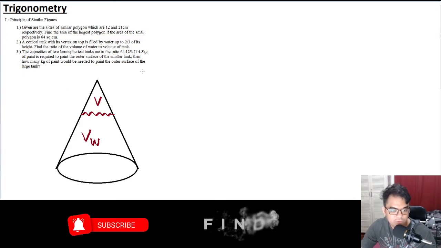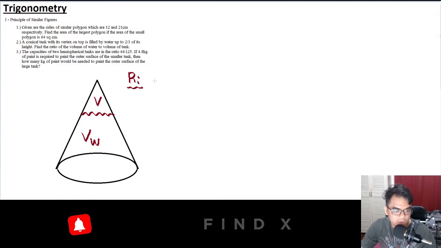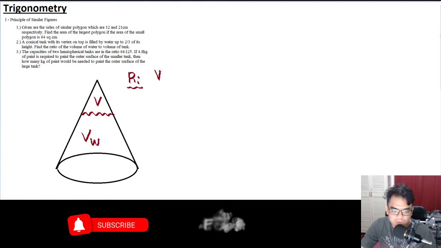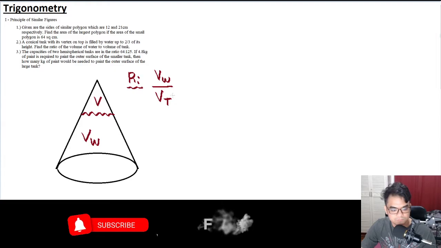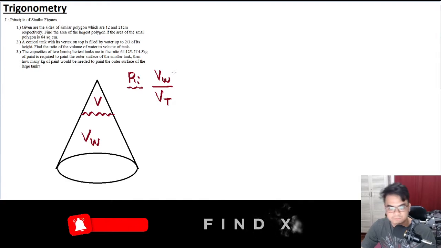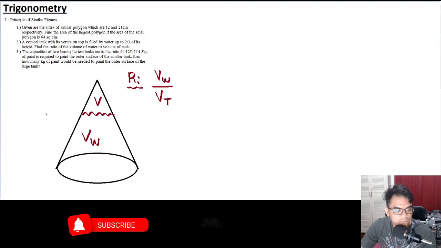So we are required to find the ratio of volume of water to volume of the tank. We can say that the height of the water is 2/3 of the height.